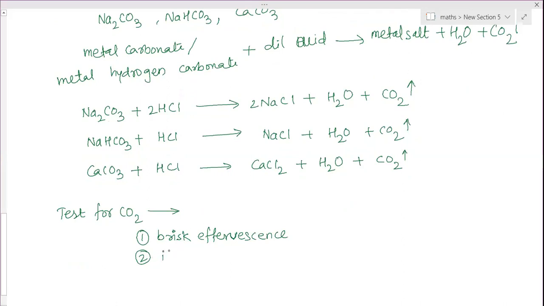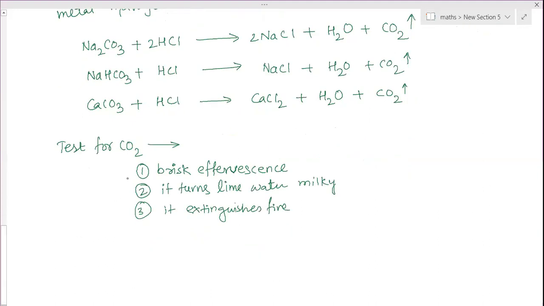Second one, it turns lime water milky. And the third one, it extinguishes fire. Any burning candle brought near this gas will immediately be extinguished. So it turns lime water milky.